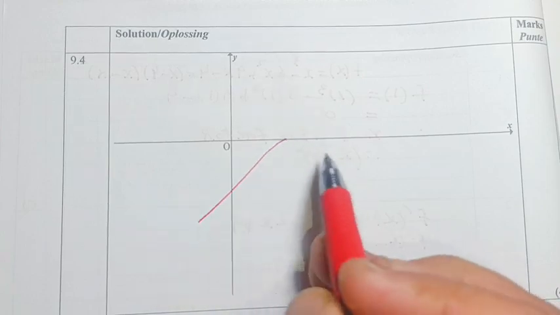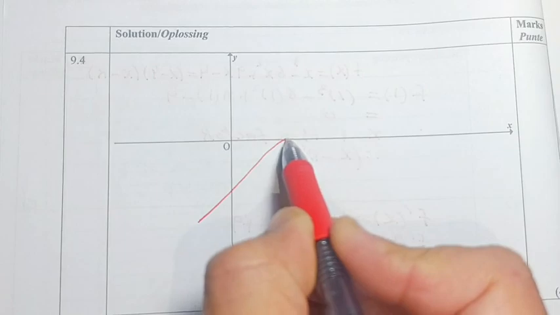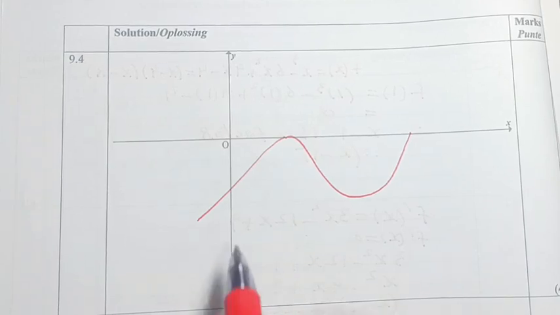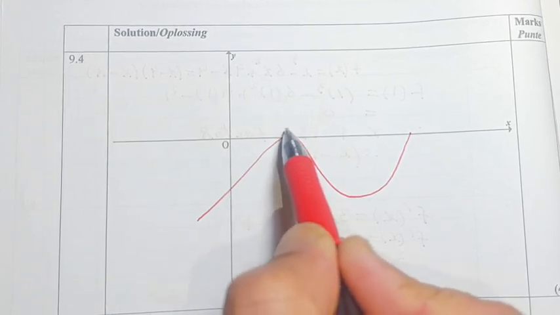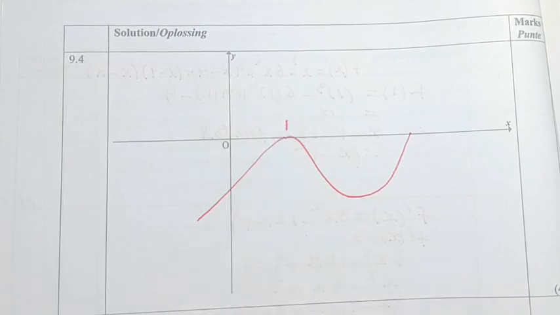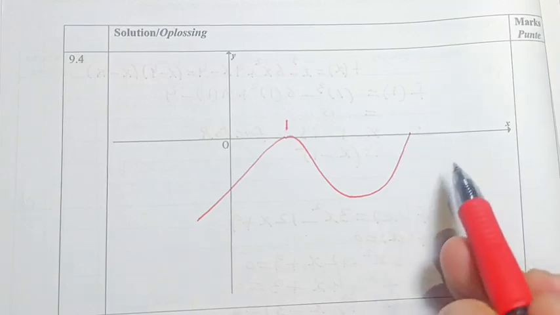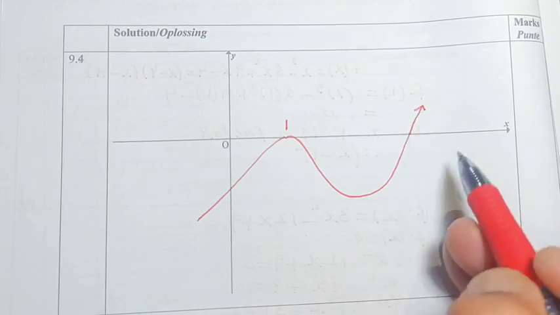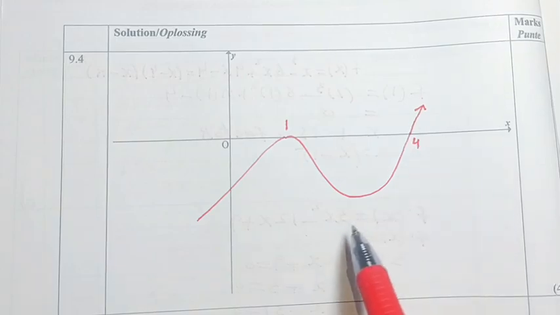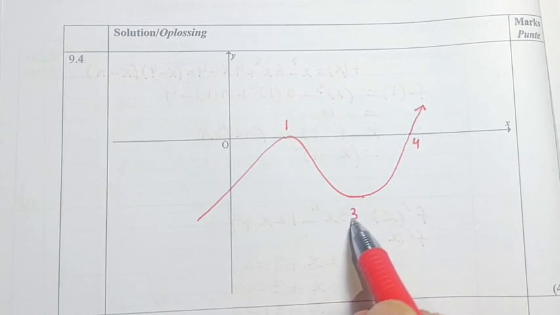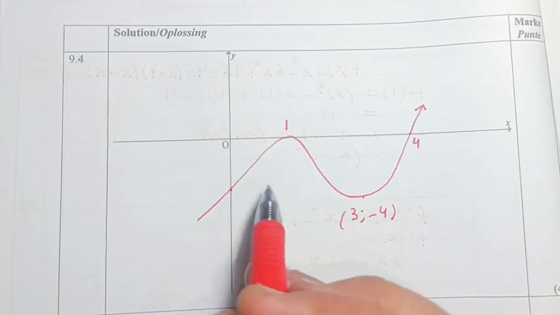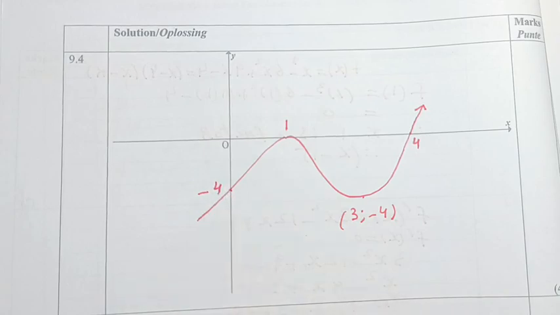So first the turning point. There we go, this is the graph. This x is 1, and on the other side the x is 4 here, and the turning point is (3, -4). The y-intercept is -4.